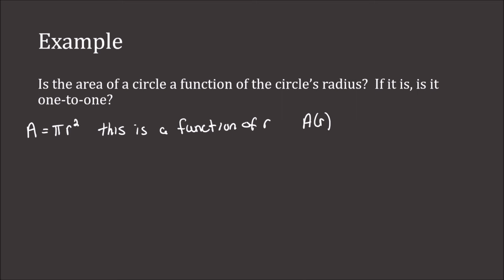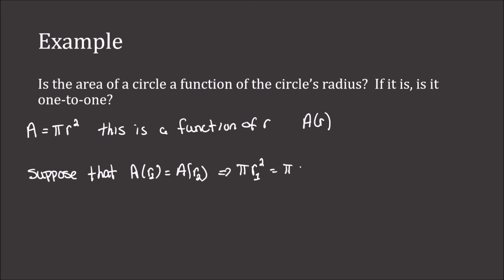Now we need to determine if it's one-to-one. So let's suppose that A of r1 is equal to A of r2. So this would mean that pi r sub 1 squared is equal to pi r sub 2 squared.